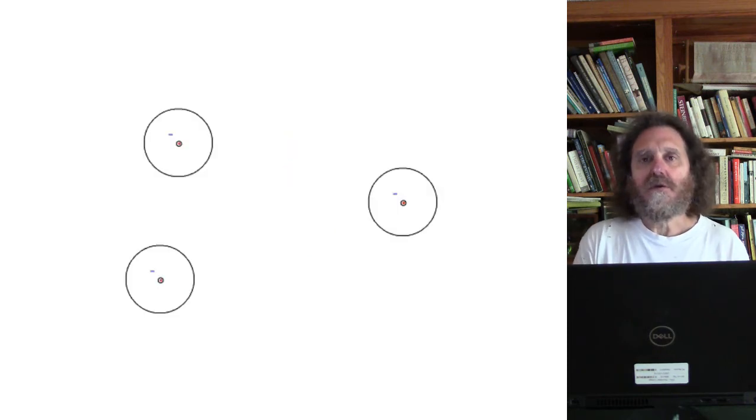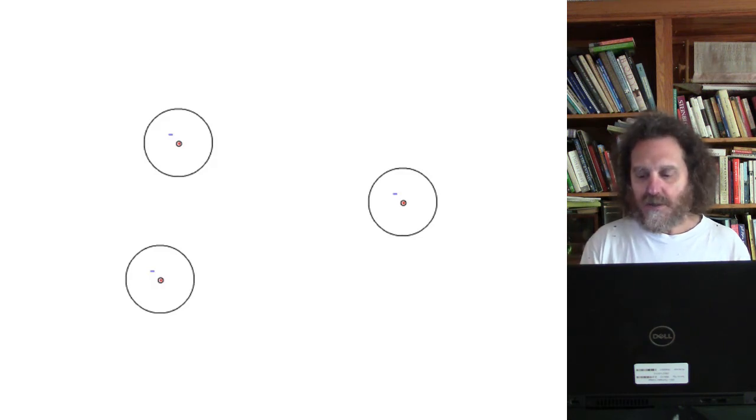So you can think of it that way when you have the hydrogen atoms in close proximity to each other. Each of these electrons is being attracted to each of the protons, right? But also being repelled by each of the other electrons. So there are multiple forces going on here, and that's how you can begin to understand.